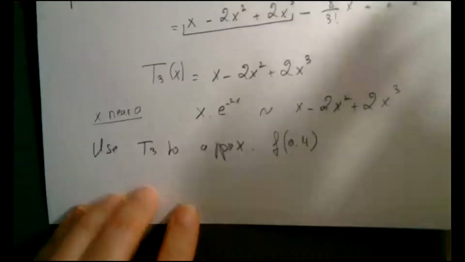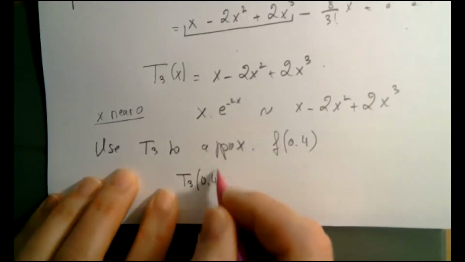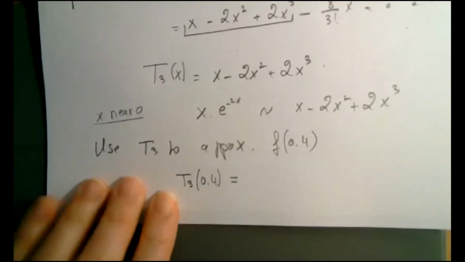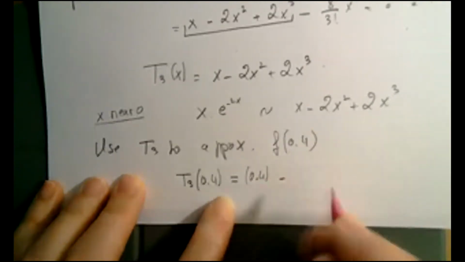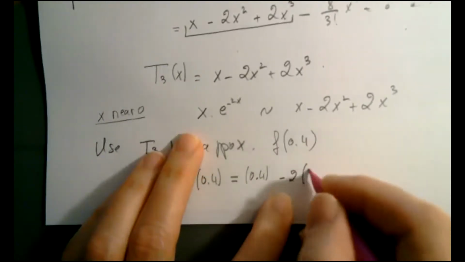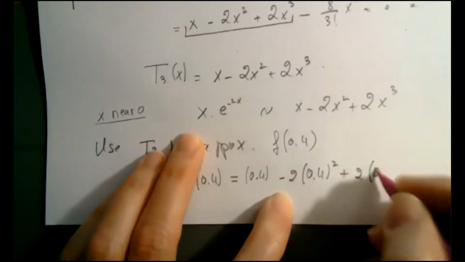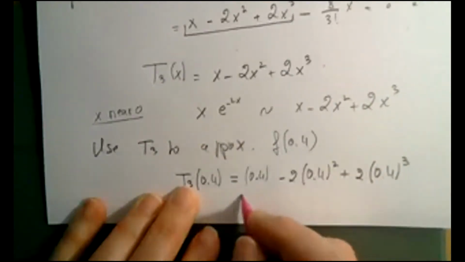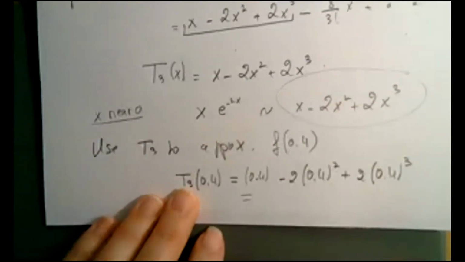So I'm going to take the third degree polynomial and evaluate it at 0.4. And what do we get? 0.4 minus 2 times 0.4 squared plus 2 times 0.4 to the power 3. And if I don't get a good approximation, it means I'm not doing a good job here. It means I have a mistake here.